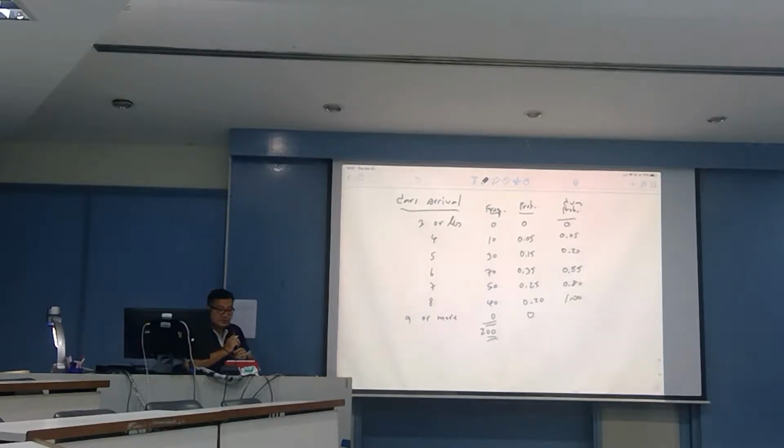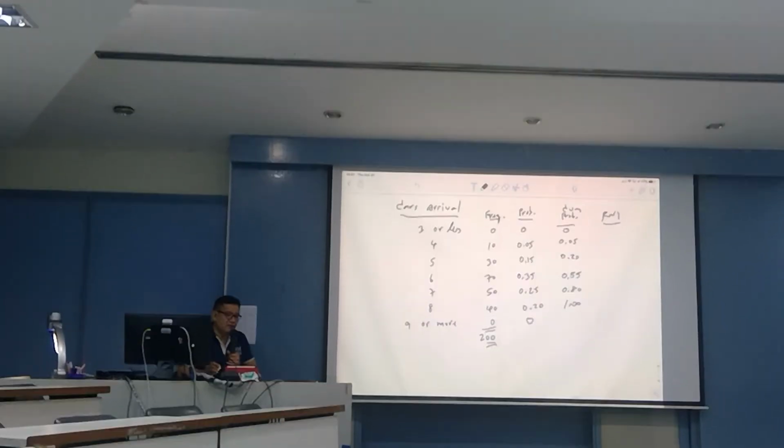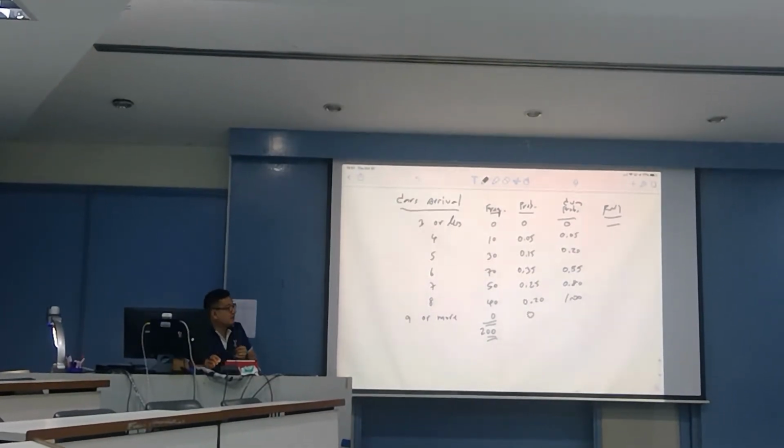If I use Rn1 to be the random number interval for car arrival, the first one and the last one we don't have, because there is no frequency on 3 or less or 9 or more in the past.